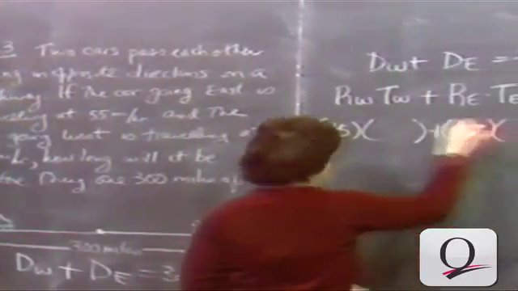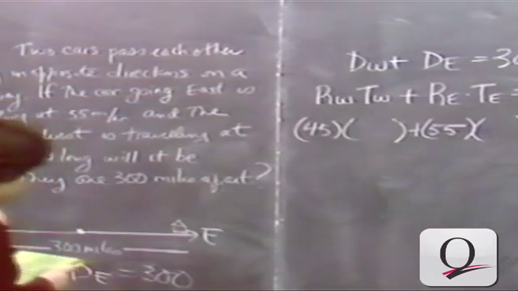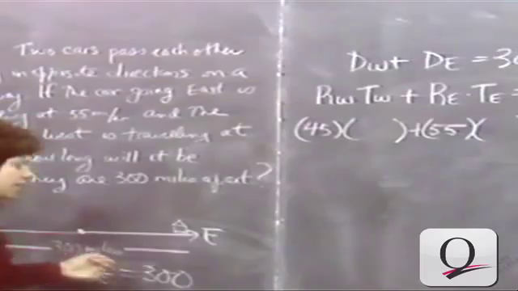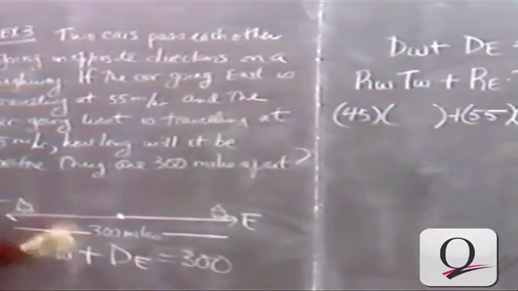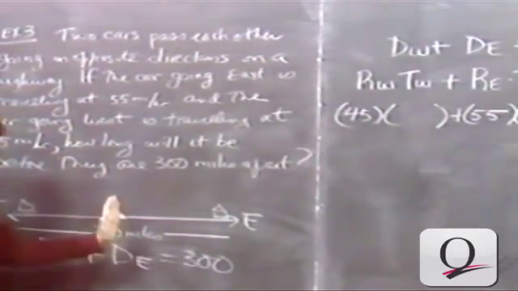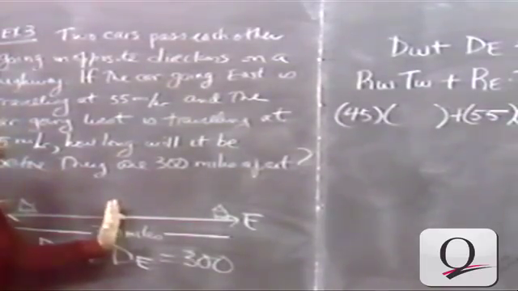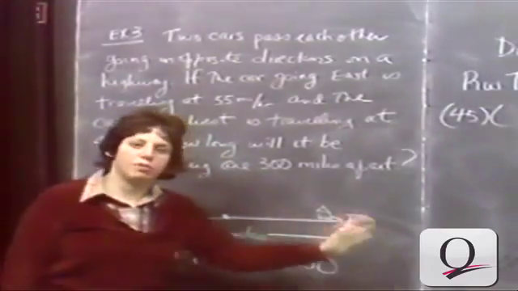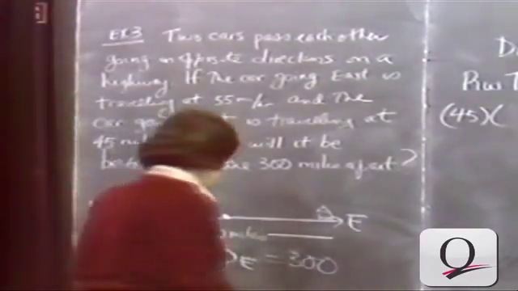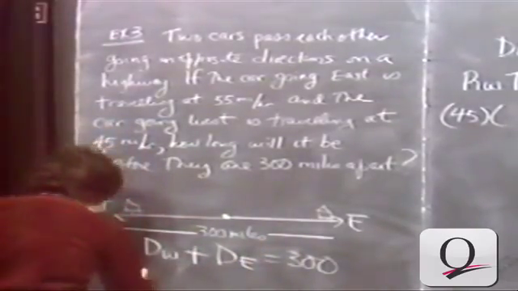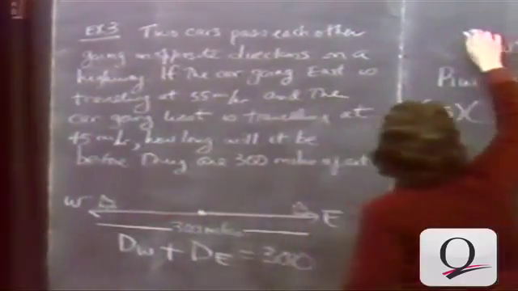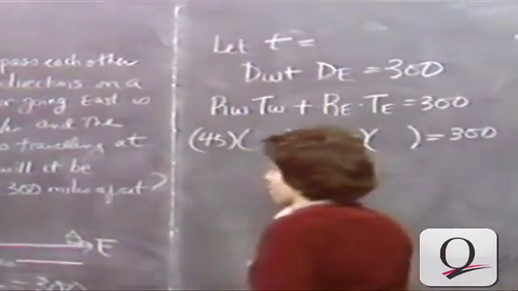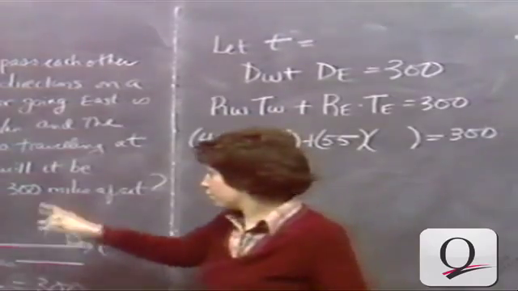Okay, now the question is, the time here. Now the common sense piece of information is that they are traveling for the same time. In other words, time 0 is when they pass each other over here. Now they'll be each traveling for the same time, and at a certain point they will be 300 miles apart. So let t equal the time that they'll travel until they become 300 miles apart.